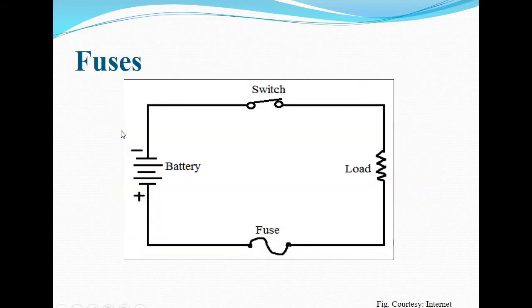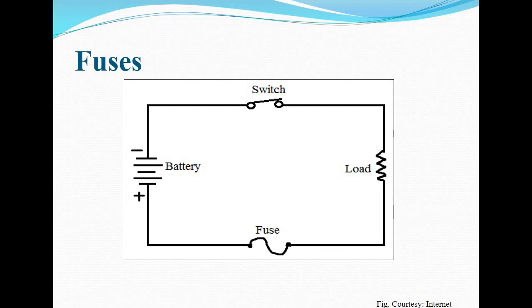So you can see here a battery or a DC source, then there is a switch, and you can see here a fuse and there is a load. If we connect the circuit and the switch is on and the fuse is in place, the current will start flowing through the circuit and the load will consume the current.